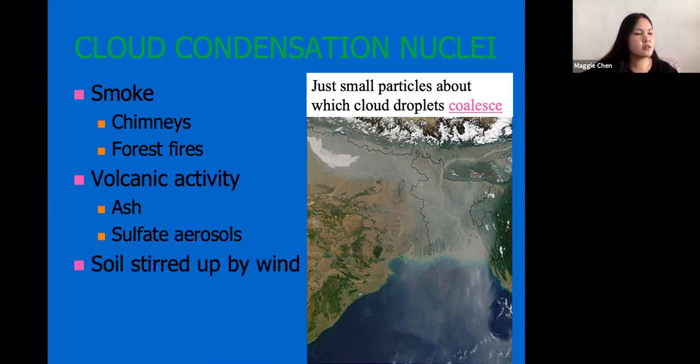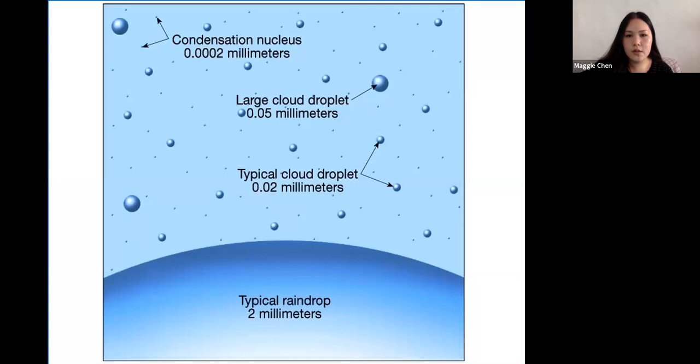If there's a lot of construction and a lot of soil stirred up, these are small particles that your moisture can gather around. Even sea spray, the small salty water droplets, is something that can be a cloud condensation nucleus. And pollen too.